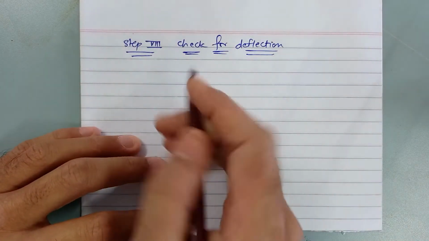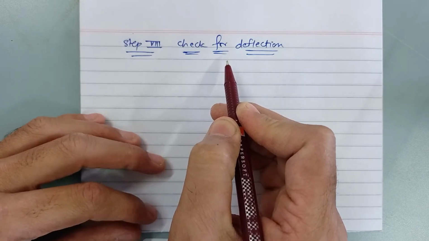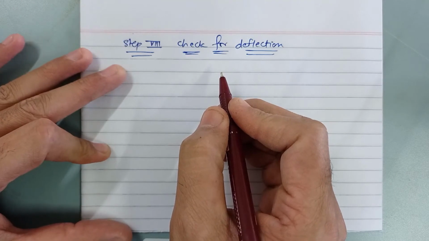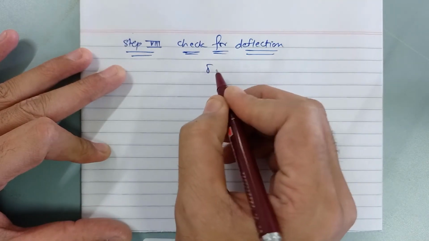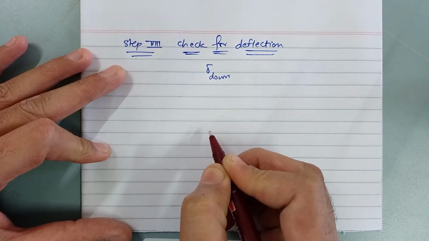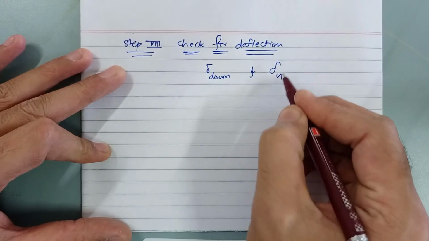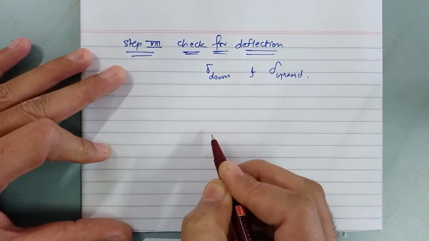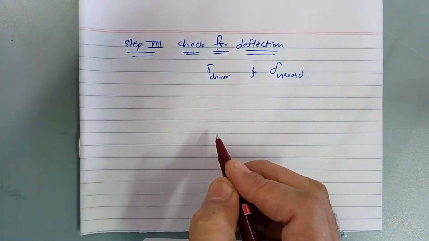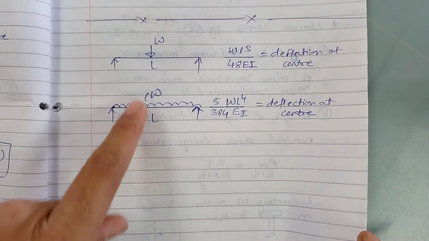Now let us move towards step number 8, check for deflection. Deflection will be of two types here. One will be deflection in the downward direction, and another will be deflection in the upward direction, that is delta upward. Once again have a look here.